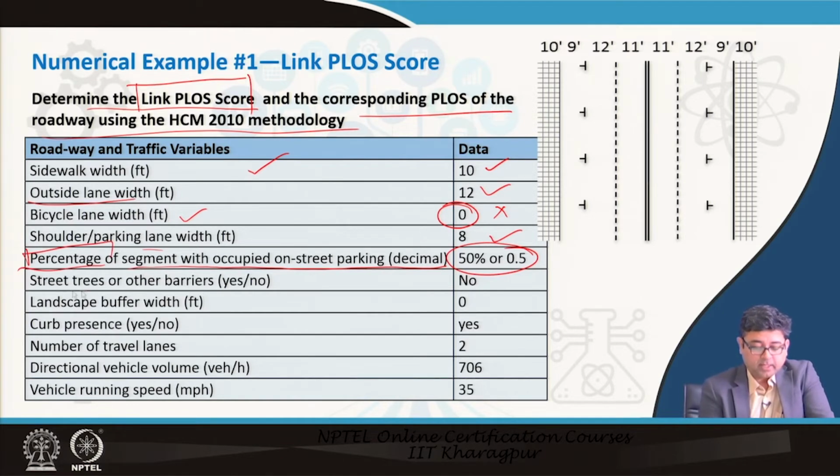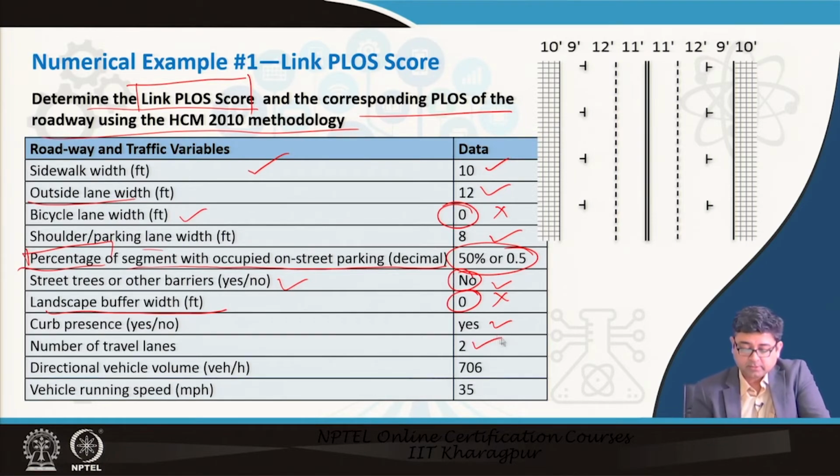You have to know if there are barriers, which is just a 0, 1 or a yes, no kind of input that you require. You have to know the landscape buffer width; since there is no barrier and no trees, the buffer width will also be 0 in this case, right. Curb presence, yes or no: do you have a curb and gutter or a curb in that facility, again a 0 or 1, a yes or no kind of input.